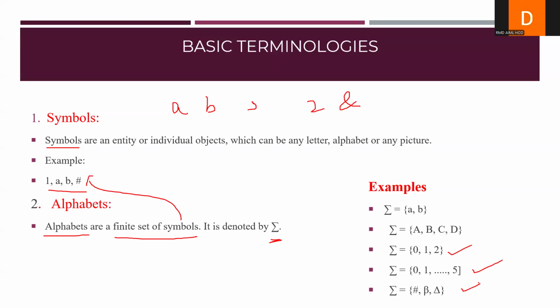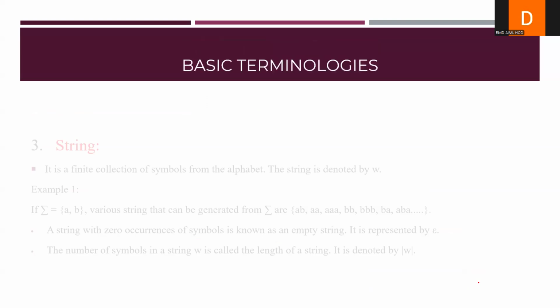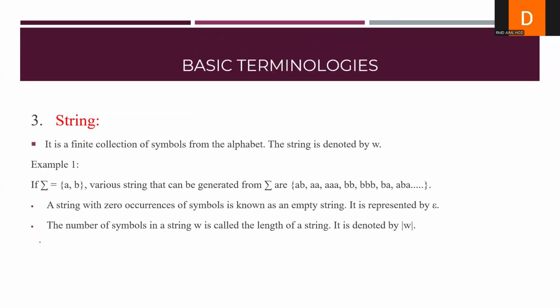Now let's go on to the third basic terminology, which is a string. What is a string? A string is a finite collection of symbols. From where do we get these symbols? We get them from the alphabet. And we denote a string using the letter small w. For example, if sigma is equal to {a, b}, then we can form various strings from this alphabet.